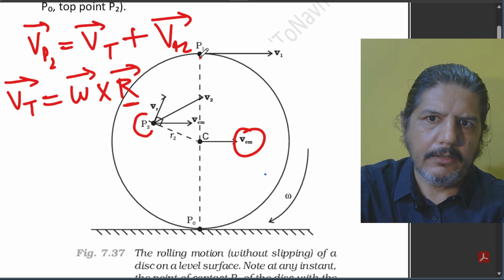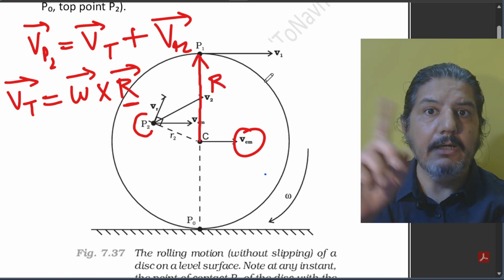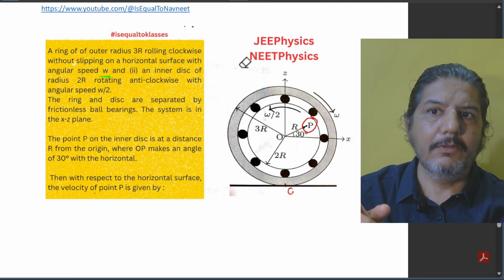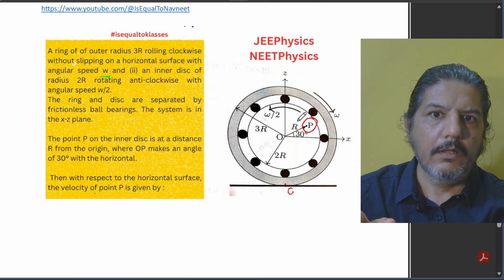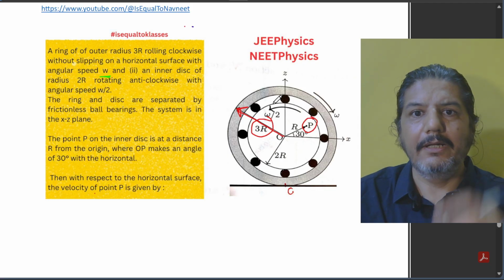Here, the R would be the total R. But in our case, the translational motion is being decided by this 3R, because the translational motion is being decided by the ring. That you should be very clear about.